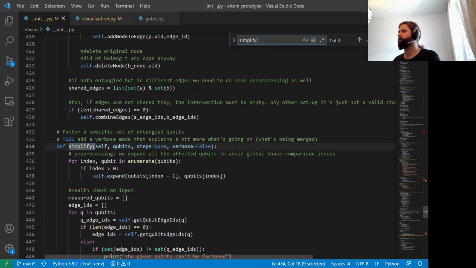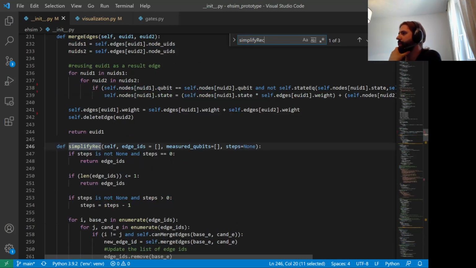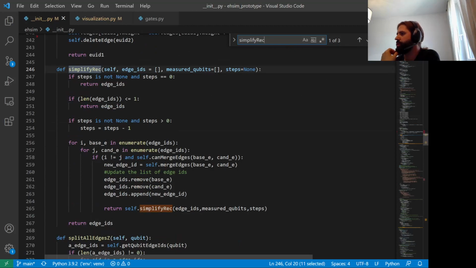Simplify. So what we're doing is we're expanding the qubits, and then we're doing a health check on the input, and then we're calling simplify recursive, and that in theory returns the left edge IDs. That's what's supposed to return.